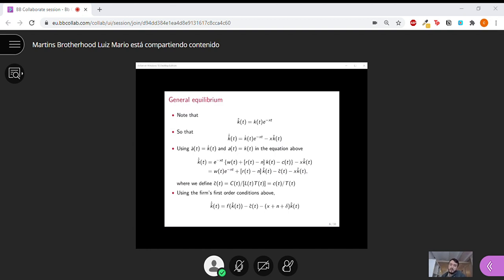Then we did all of these calculations that you are seeing now. We did this in the previous class to get to this last relationship, the law of motion of capital in per capita effective terms.